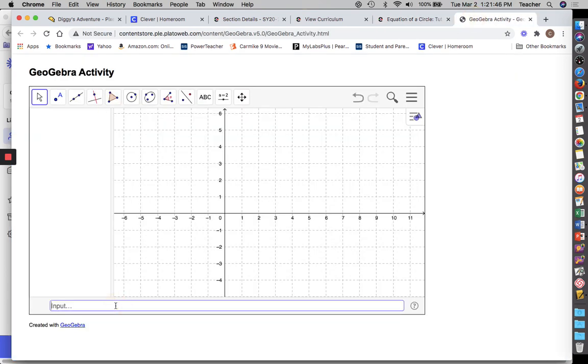That's going to be x minus 4 squared. Oh, looks like a parabola so far. Plus y plus 6 squared equals 25.